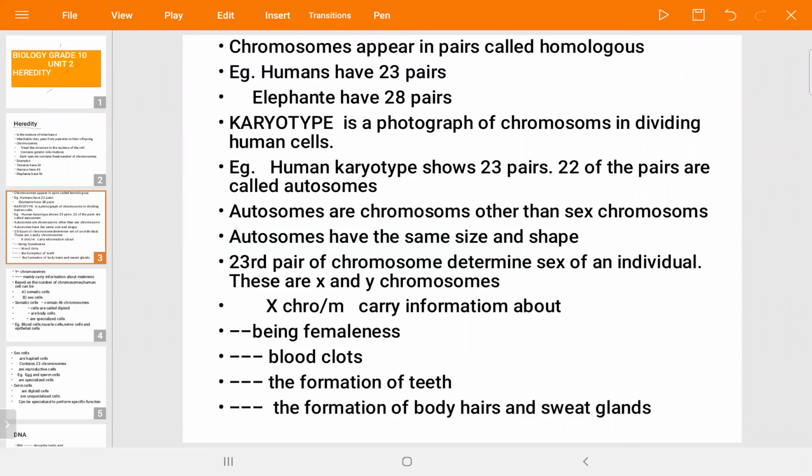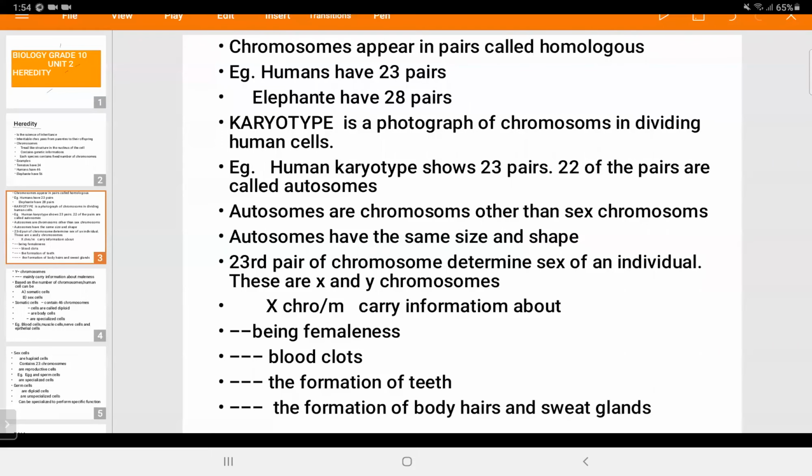The way your body clots blood, the nature of your teeth, the formation of your body hair and sweat glands is determined by genetic material found in the X chromosome.